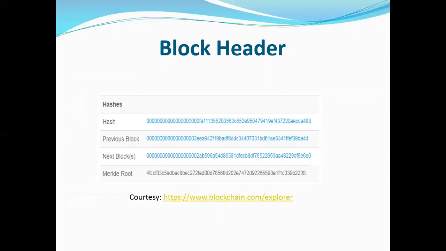If the Merkle root gets changed, the corresponding hash value will get changed, and when the hash value gets changed, the next hash value will get changed. So the attackers have to change the entire blockchain. And right now, the blockchain size is around 256 GB in Bitcoin, so you have to make changes to a 250 GB blockchain.